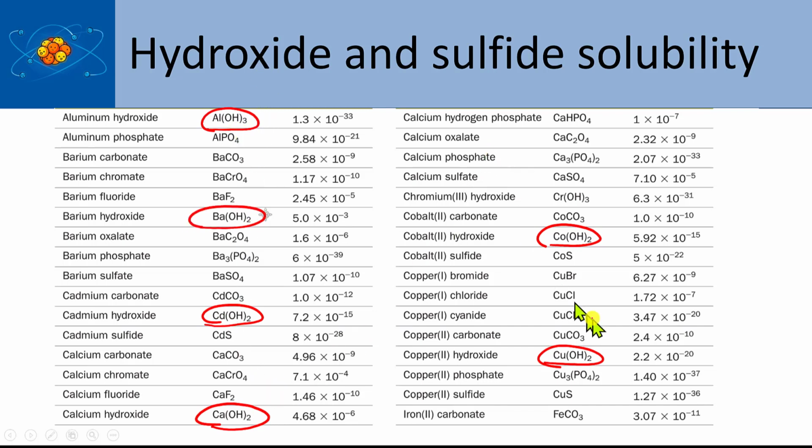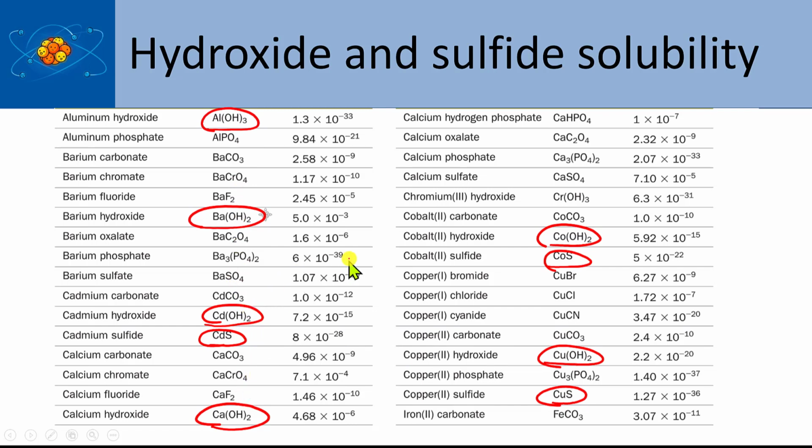So you notice there's a lot of different hydroxides, and the other one that you often see are sulfides. So there's cadmium, let's see, where's the other ones? Calcium doesn't make one, cobalt sulfide, copper sulfide, there we go. And then notice for the sulfides, the solubilities are extremely low, right? And the hydroxides, there's lots of different examples.